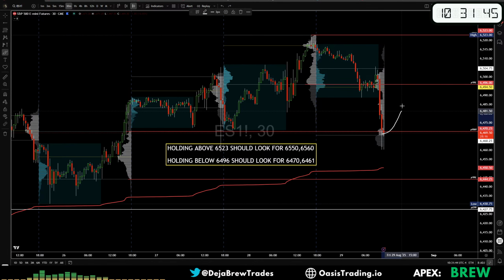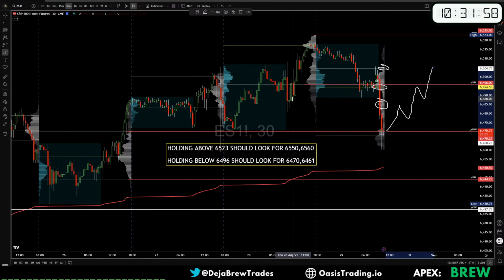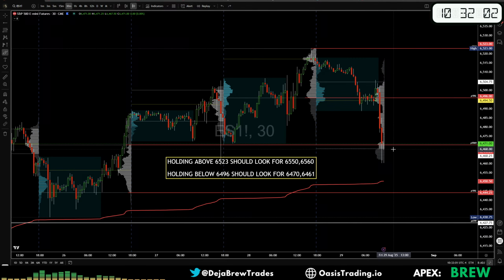So instead of looking for the value area, you're doing it node by node. We have a little node here, a node here, and then the value high there. So it'd be a 3-step process. Yeah, downward, you'd have to build more value below 70, then you would target 44.